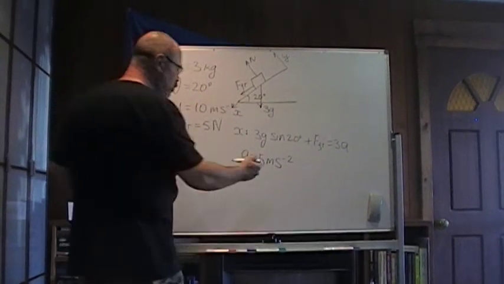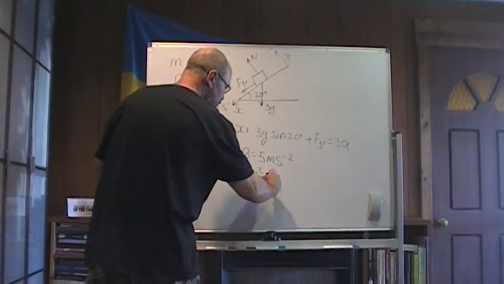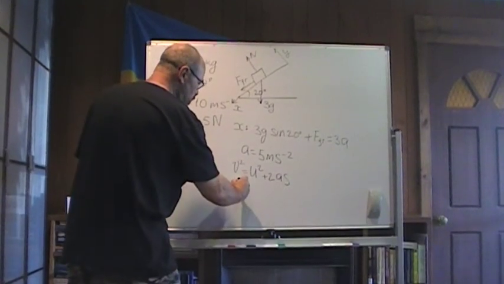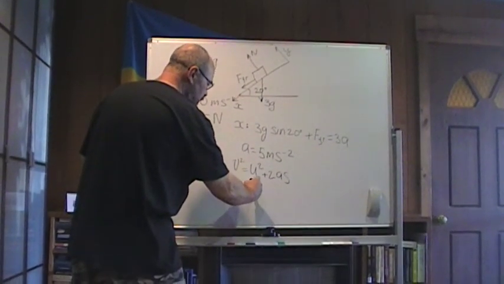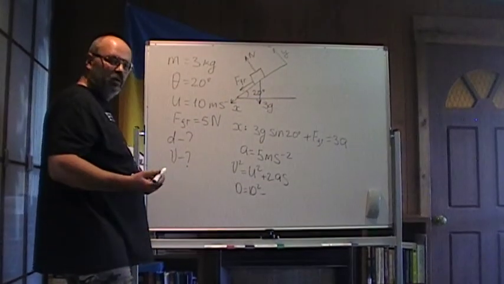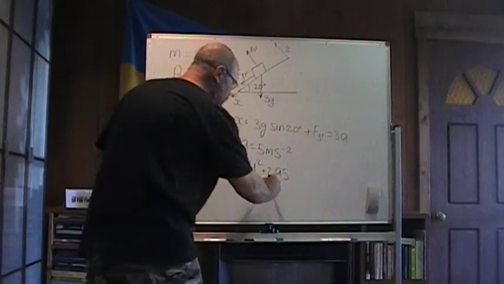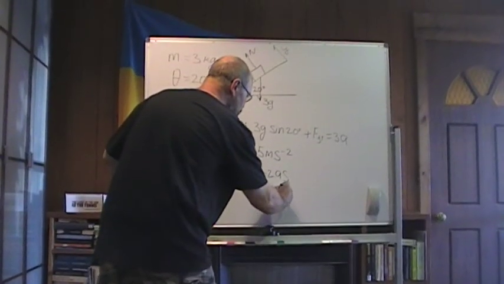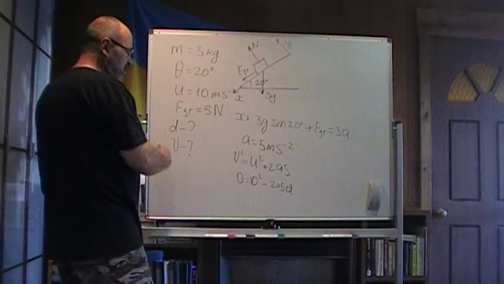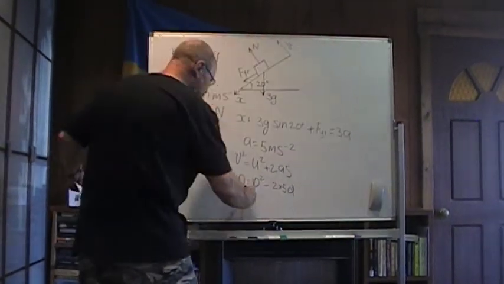So the best formula will be v squared equals u squared plus 2as. Substituting numbers, we get 0 equals 10 squared minus, because it's moving up and acceleration is down, 2 times 5 times the unknown distance. Substituting numbers will give us a distance of 10 meters.